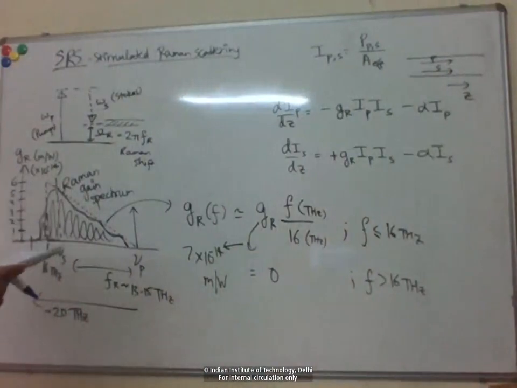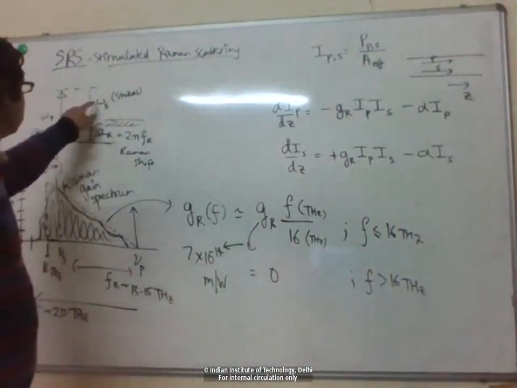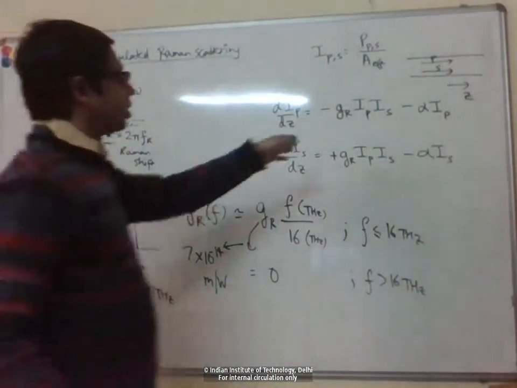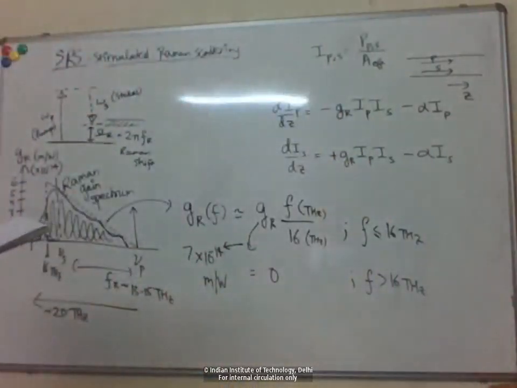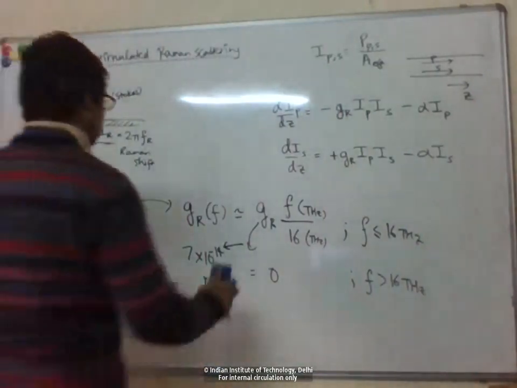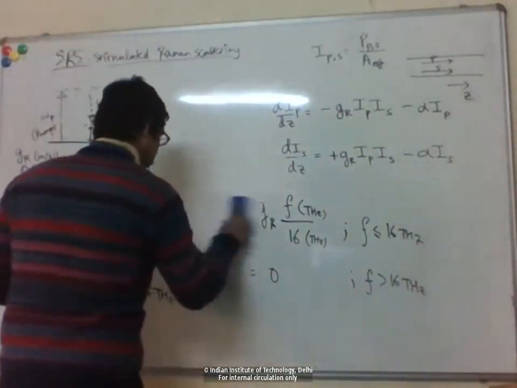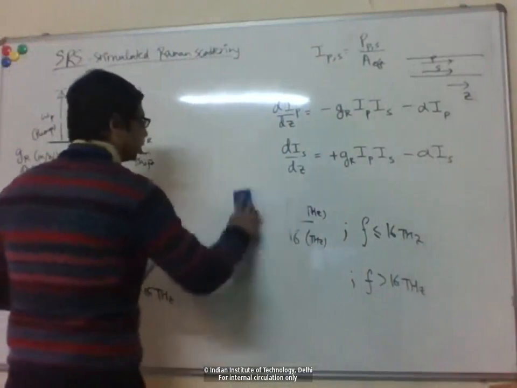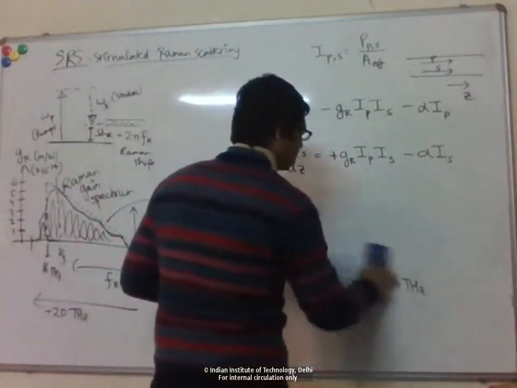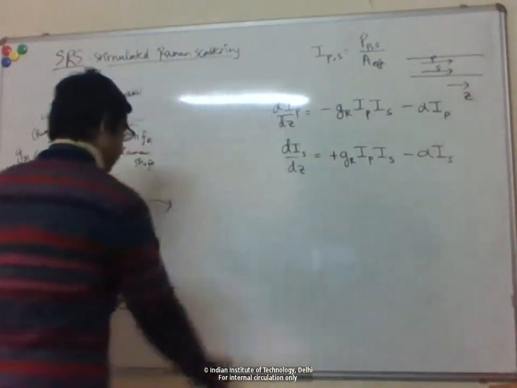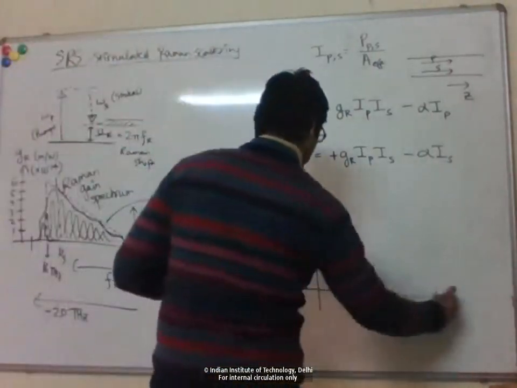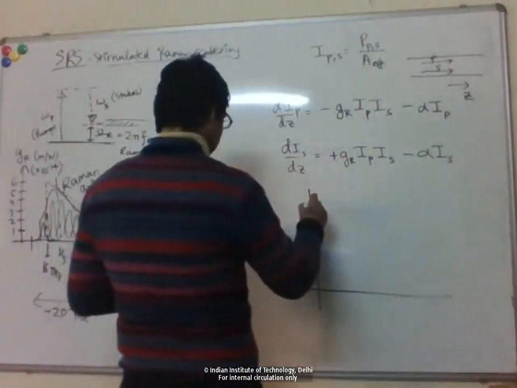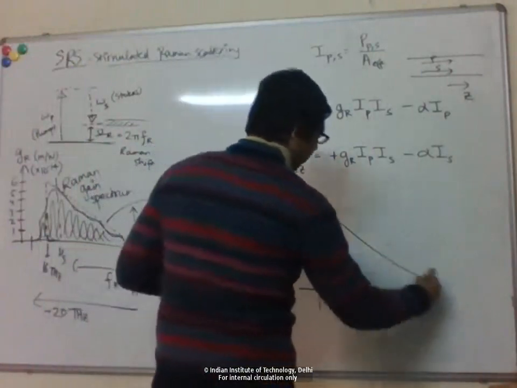Right, so basically what happens is that you scatter power from the higher frequency to the lower frequency, right? So the Stokes will grow and the pump will decay. Okay, so if I look at the pump, it will decay.